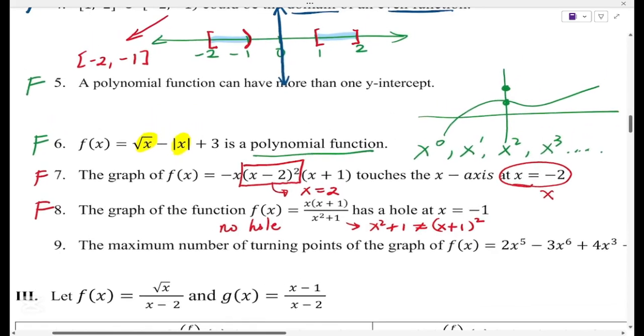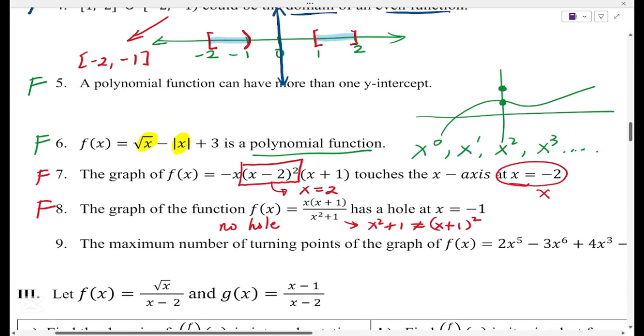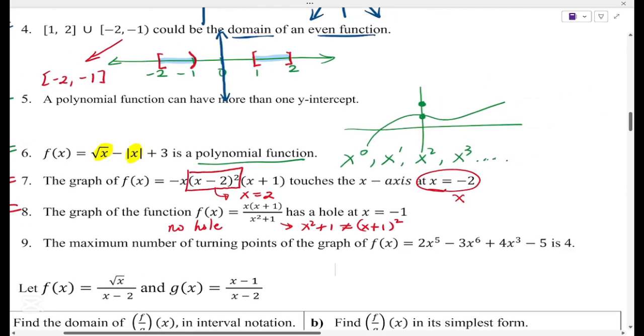Number 9, the maximum number of turning points of the graph of this function is 4. So let us identify the degree of this function to know the maximum number of turning points. This is the leading term of this function because the highest power of x here is 6, meaning this function has degree 6.